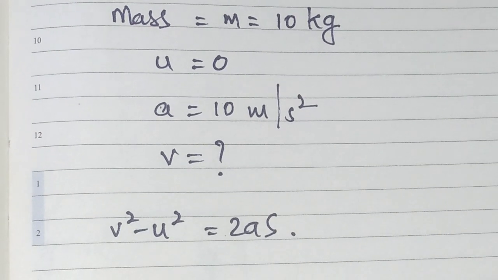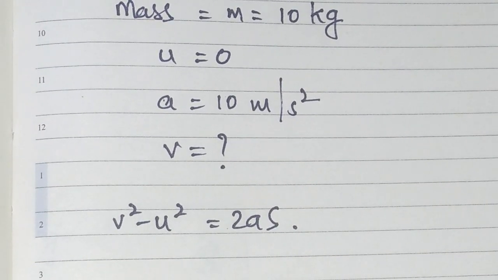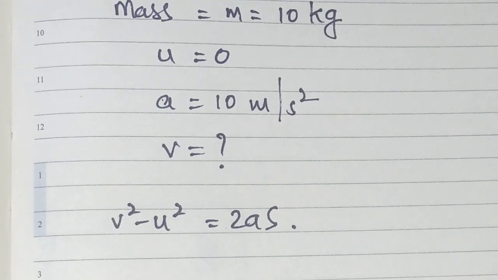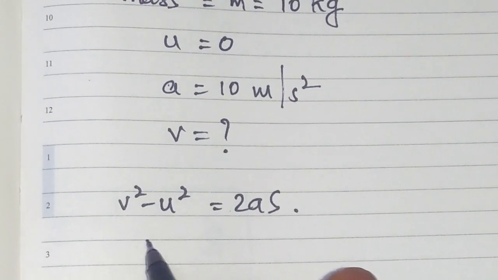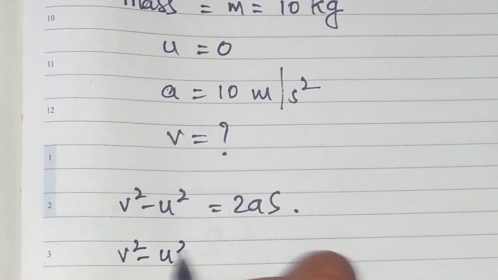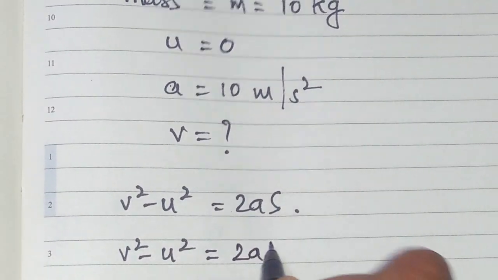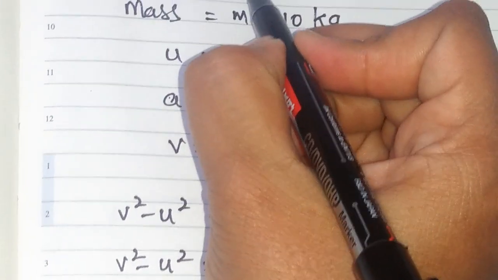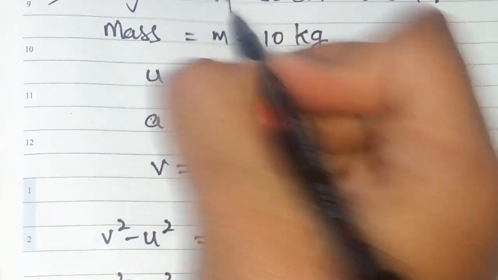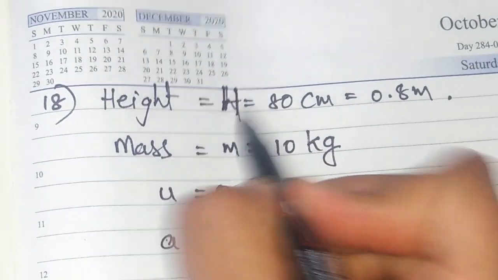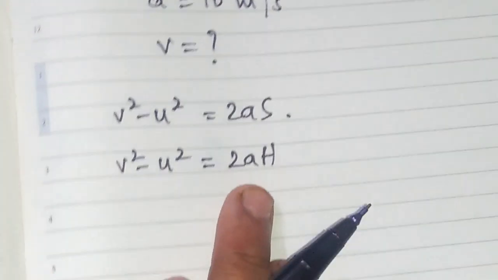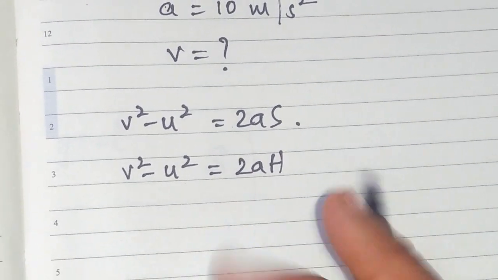Whenever it is falling from a particular height, we can consider that as displacement, so the s value we can take as h. So I am changing this here: v square minus u square is equal to 2aH, where I have written h as capital H.